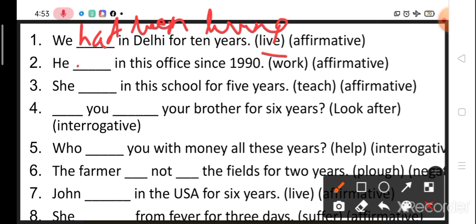He had been working in this office since 1990. She had been teaching in this school for 5 years.